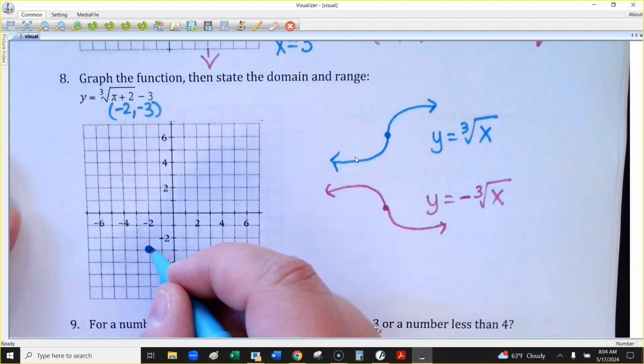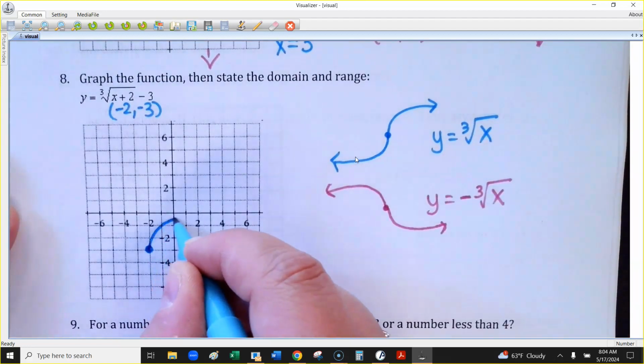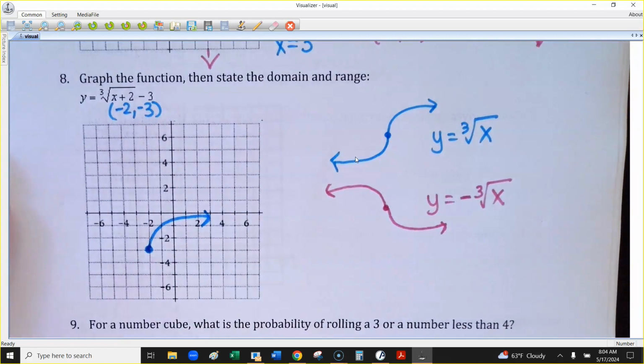We can do that. But then all these guys going this way would be taking the cube root of a positive number. And these are going to be flipped back. All these guys would be taking the cube root of a negative number if we plugged in the x value. When you have a plain square root, you can't do the square root of a negative number, but you can do the cube root. So that's why that swings both directions.